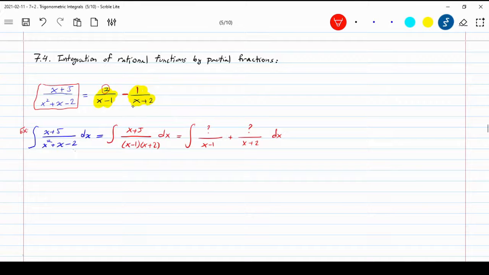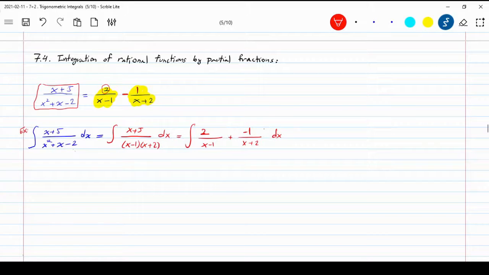For the moment, let's assume we've dealt with that. We figured out the numerators. I'll show you the technique to figure them out in a bit. But let's say we found that the numerator here would be positive 2, and here you would have negative 1.